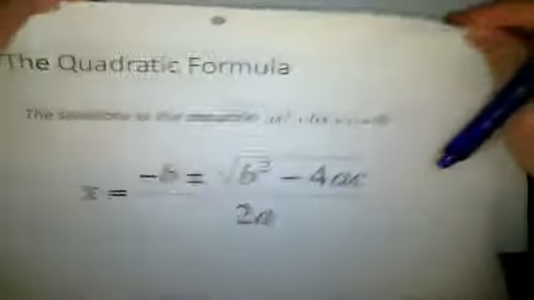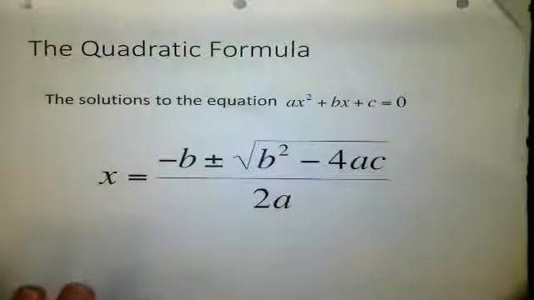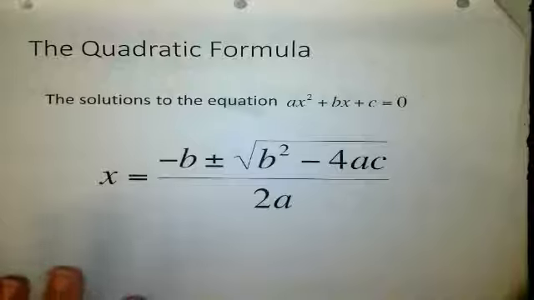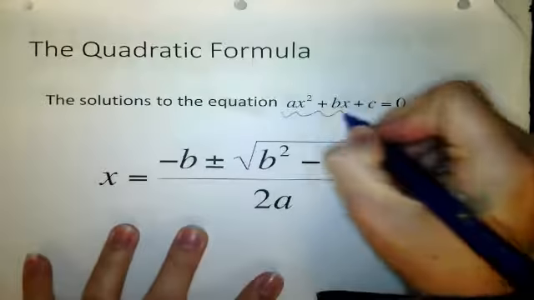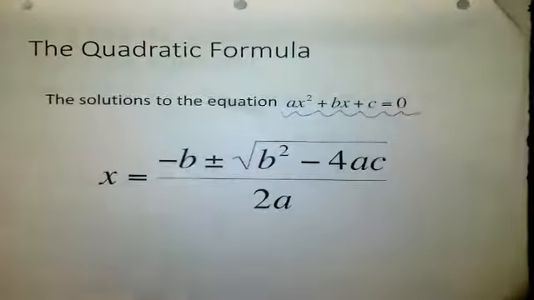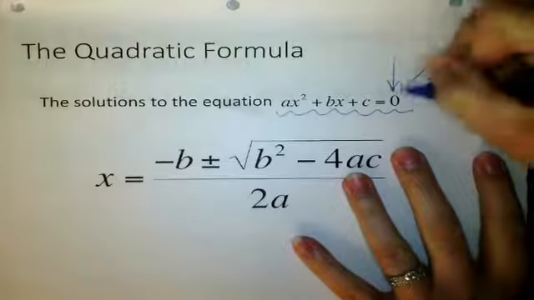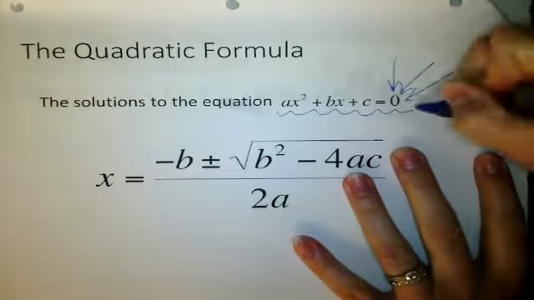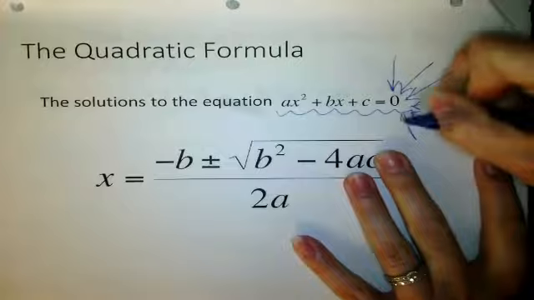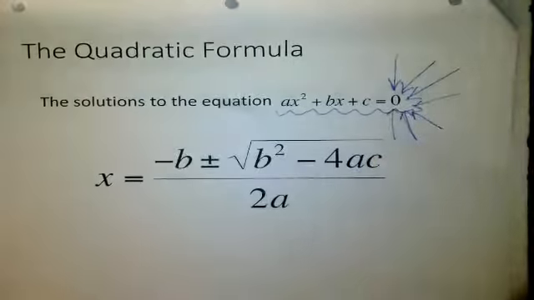So here it is. Get this written down, ladies and gentlemen, all of it. The quadratic formula. The solutions to the equation ax squared plus bx plus c equals 0. Very important that it's set equal to 0.